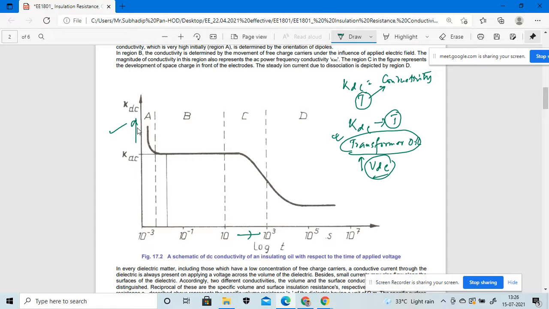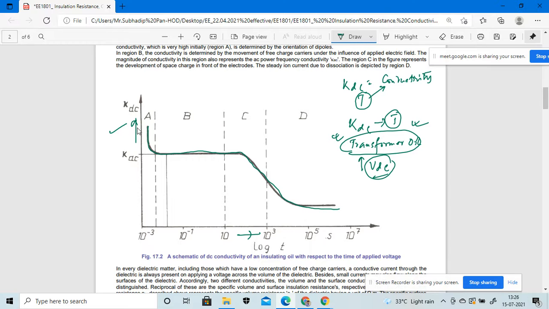Whenever we calculate the conductivity of a transformer oil, we need to check the time duration as well as the temperature of the transformer oil. That is the schematic representation of a dielectric, where the transformer oil is considered as a liquid dielectric.